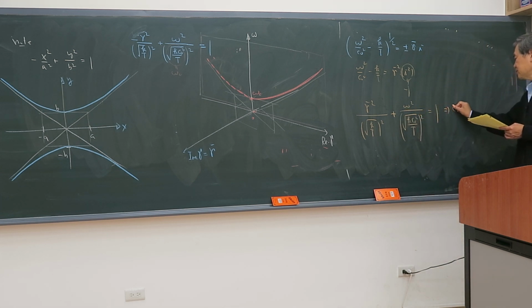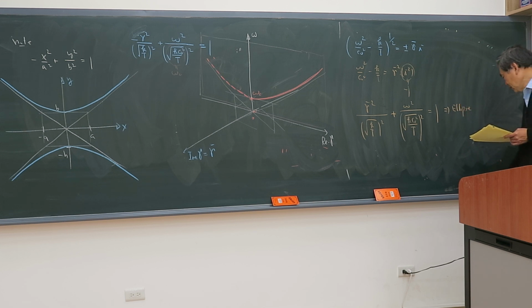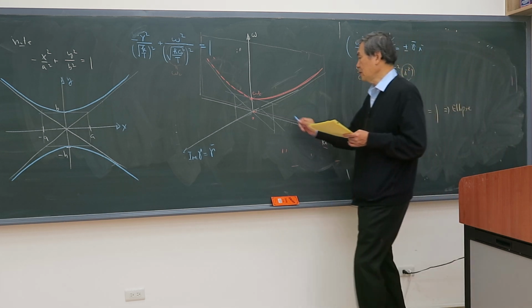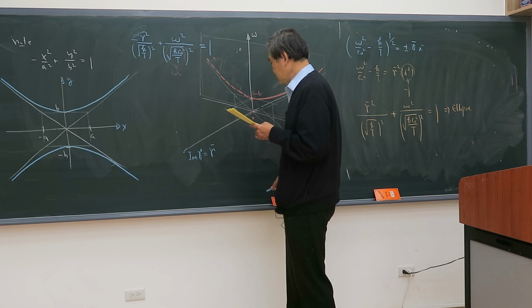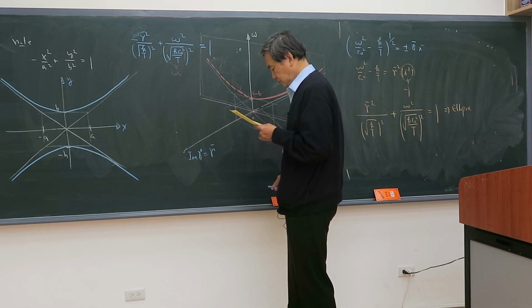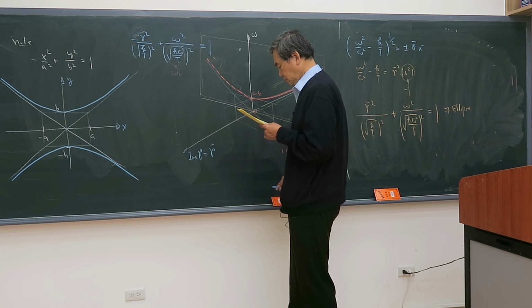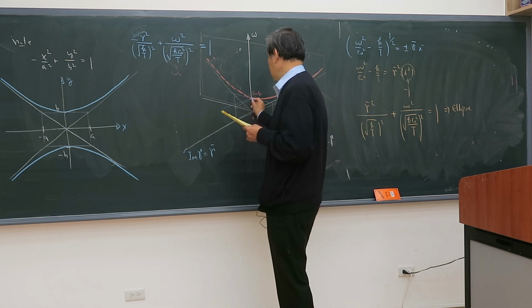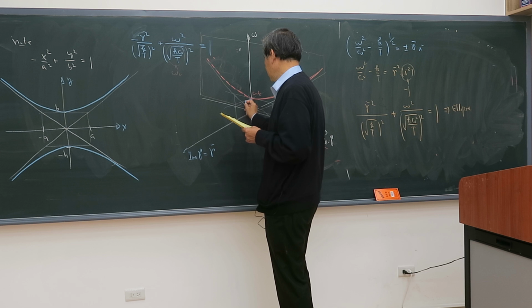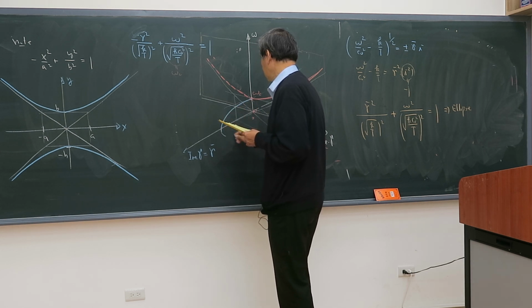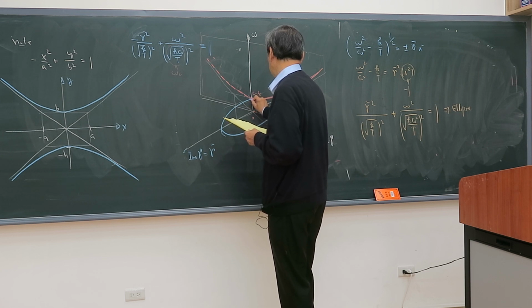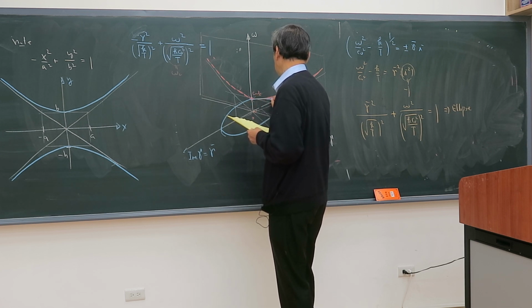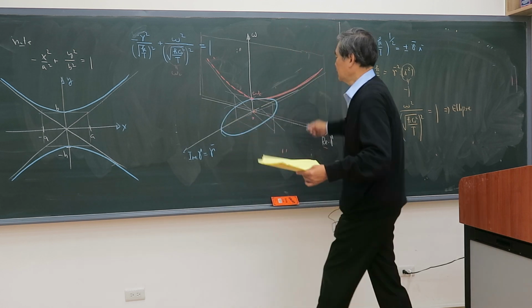So this is an ellipse. All right, so this ellipse is within this range, something like this, with omega c, and this ellipse like this, in this plane.